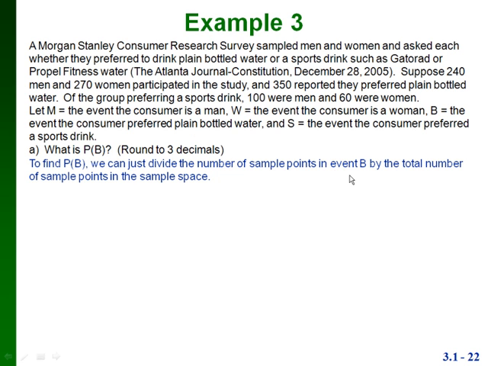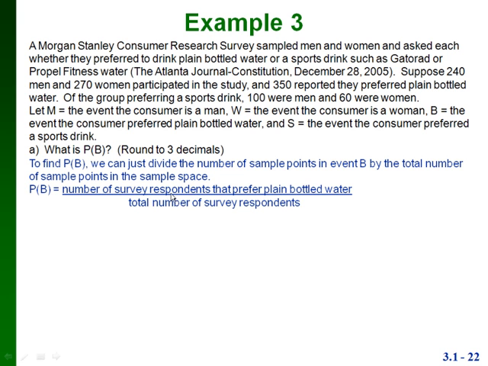What we can do is just divide the number of sample points in our event B by the total number of sample points in the sample space. In other words, we're dividing the number of respondents that prefer plain bottled water by the total number of survey respondents. The number that preferred bottled water was up here, the 350. To get our total number of survey respondents, we had that there were 240 men and 270 women.